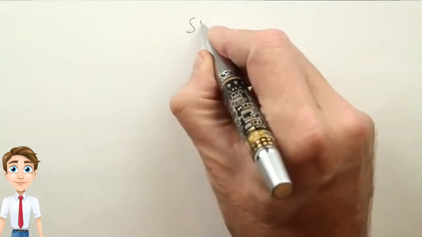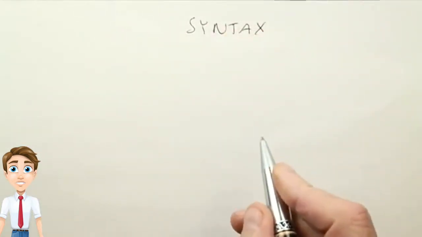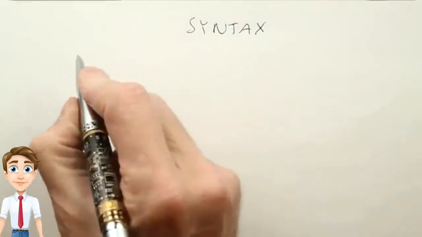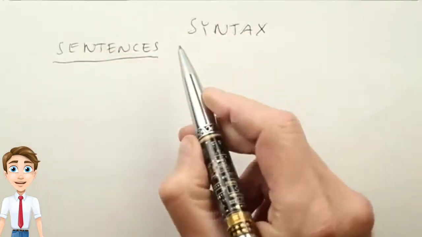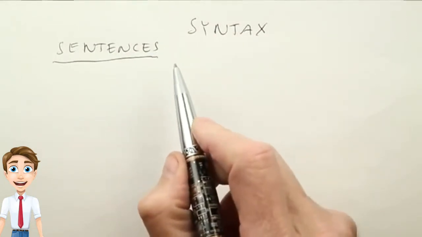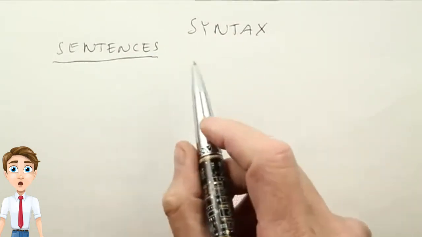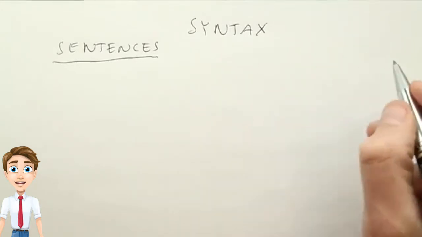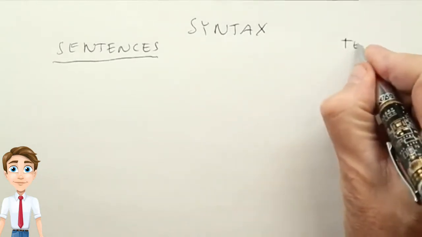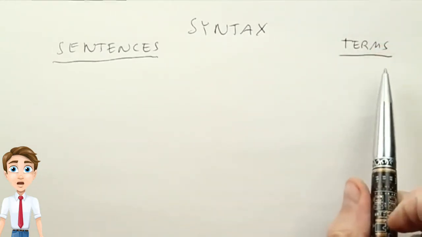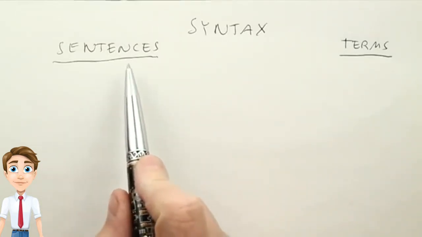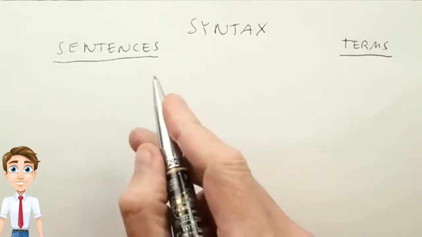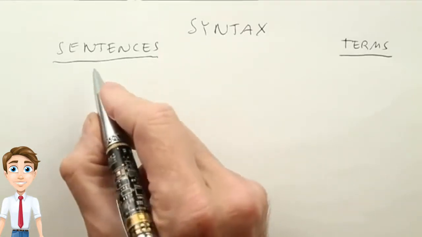Now let's talk about the syntax of first-order logic. And like in propositional logic, we have sentences which describe facts that are true or false. But unlike propositional logic, we also have terms which describe objects. Now, the atomic sentences are predicates corresponding to relations.